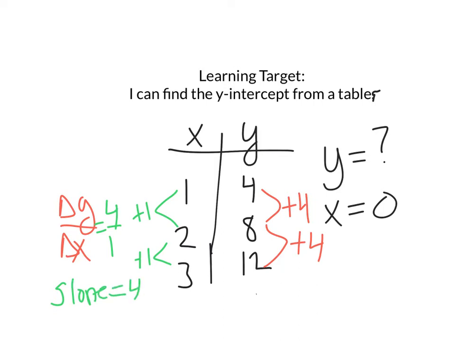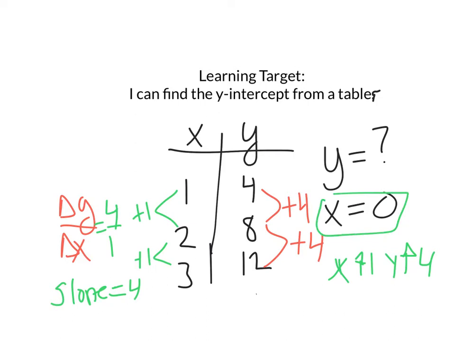So basically what that's saying is, as x goes up by 1, my y's go up by 4. Remember, we're trying to get x equals 0.